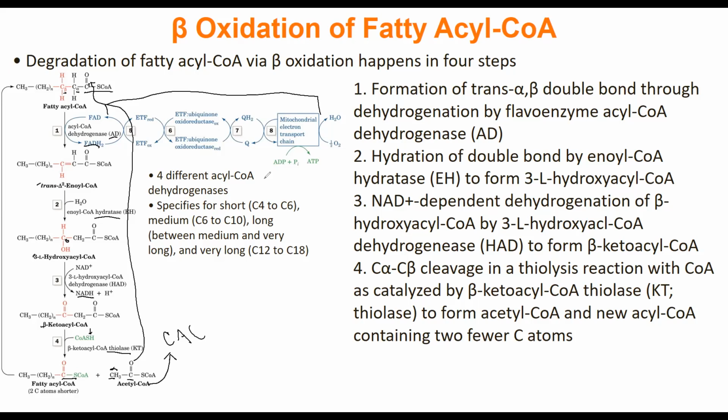And then you have one for very long, which is 12 to 18. So different acyl coenzyme A dehydrogenases will come in and work on different fatty acids for us. And that's just because, when you bind to this molecule, you have to accommodate the fatty acid tail. So different versions of the enzyme will accommodate different tail lengths here.